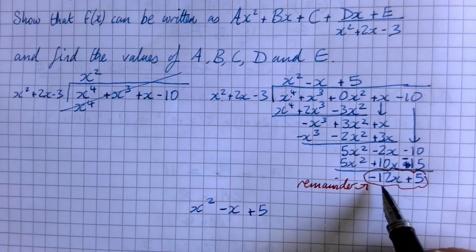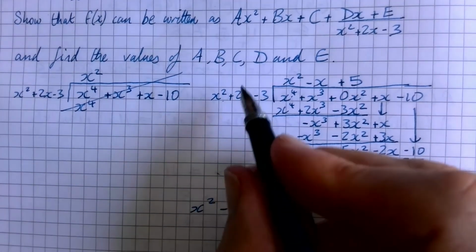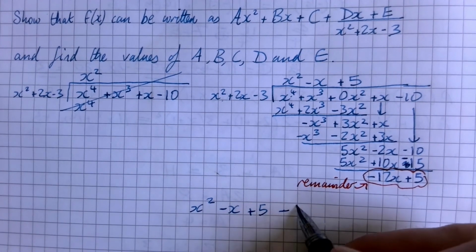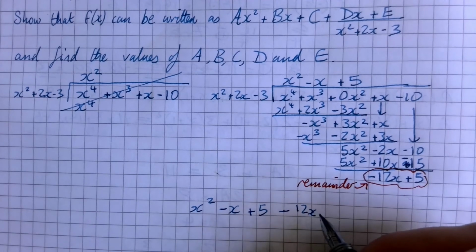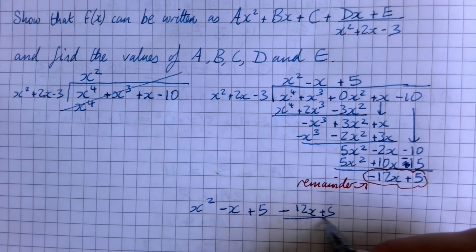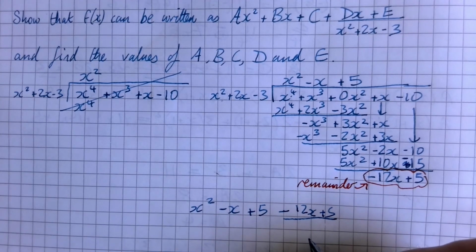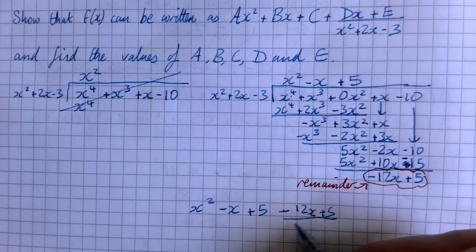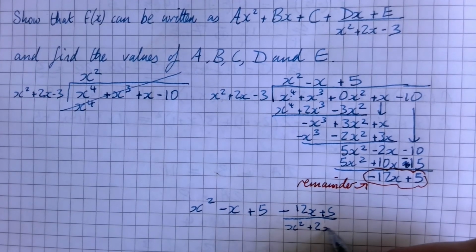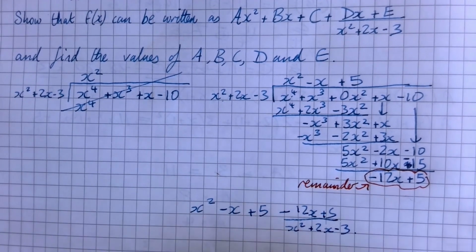My remainder is what has not been divided by this yet, isn't it? So my remainder is minus 12x plus 5 all over x squared plus 2x take 3.